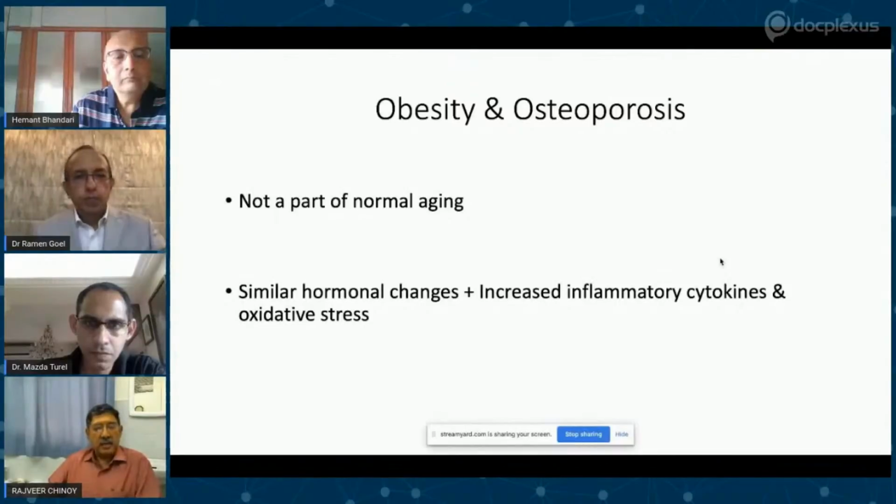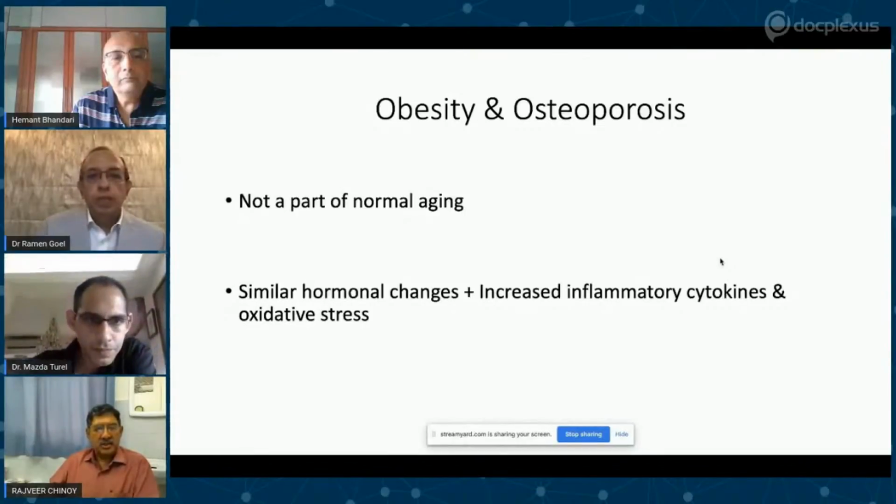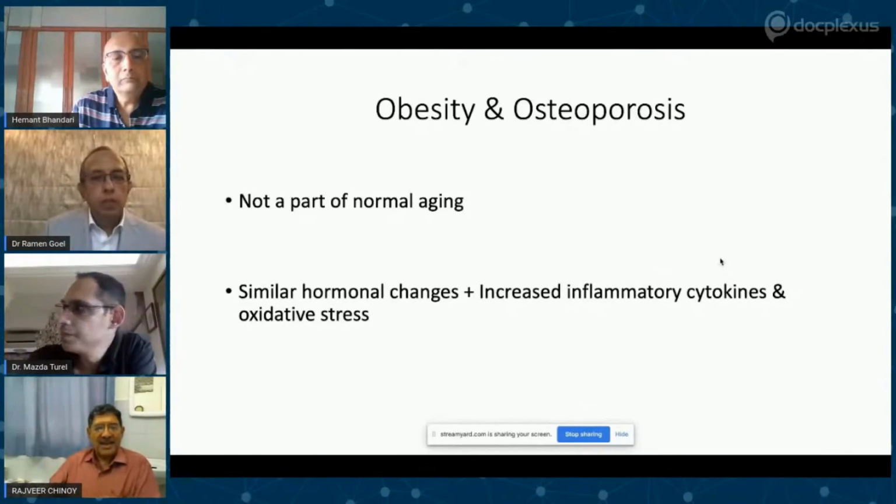Since the DEXA became available, we got shocking results in younger women as well as in men across all ages. And I think it's a multifactorial thing. There's genetics involved, there's diet involved, there's sun exposure, vitamin D related, and there's an element of osteomalacia. So it is much more common than we think.